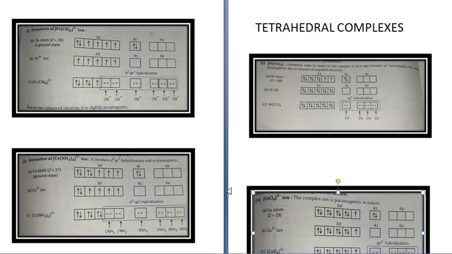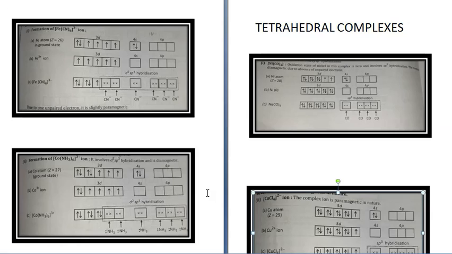So instead of these pairing up and leaving these two vacant, the fluoride F⁻ will donate the lone pair to 4s, 4p and 2 of 4d. So that is the outer orbital complex. So you get sp³d² hybridization.